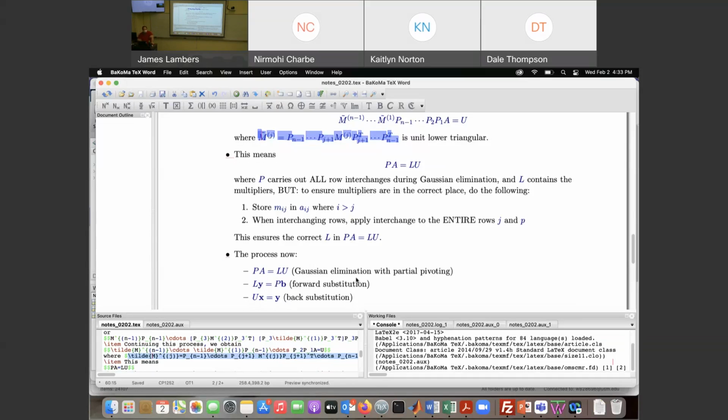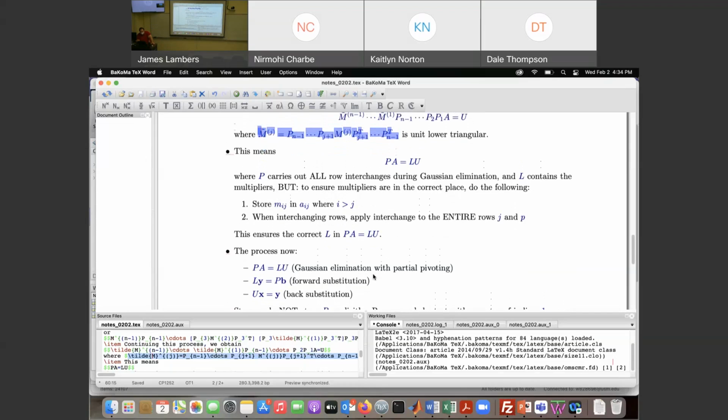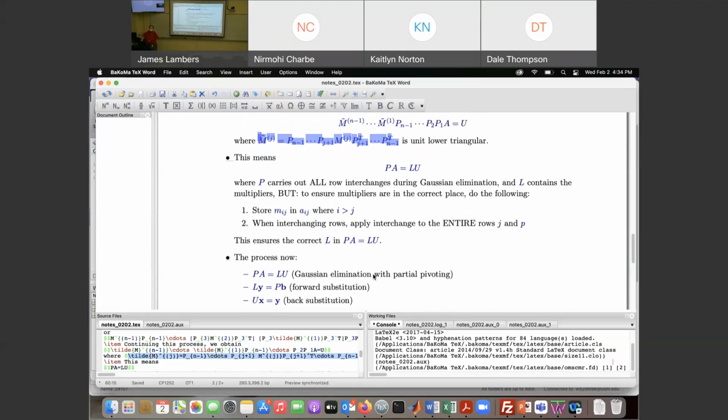You just interrupt each sweep of eliminations with these row interchanges. Make sure you apply them to the entire row, that you're applying them to your U that you're forming and your L that you're forming. You do it to both, and everything works. Questions about that?